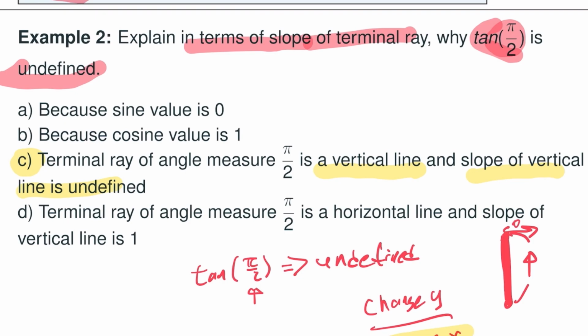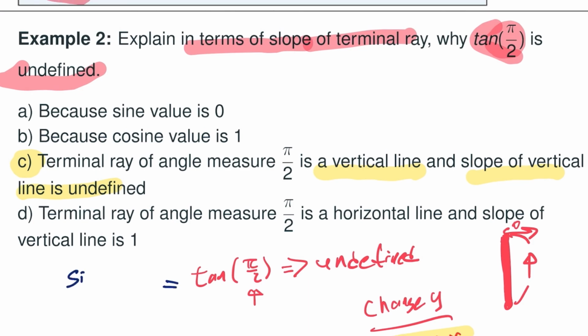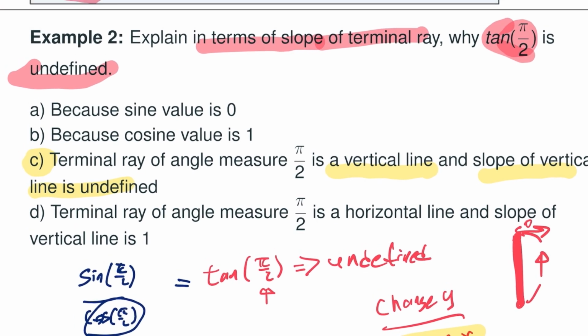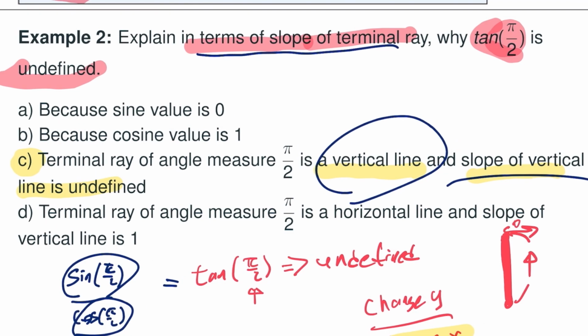So we would, quote unquote, divide by 0, which is undefined. And this, of course, can be verified with sine pi over 2 over cosine pi over 2. Cosine pi over 2 is 0, whereas sine pi over 2 is 1. Okay. But here it says explain in terms of the slope of the terminal ray. Well, a vertical line's slope is just undefined. That's why tangent of pi over 2 is undefined, because tangent represents the slope of the terminal ray.